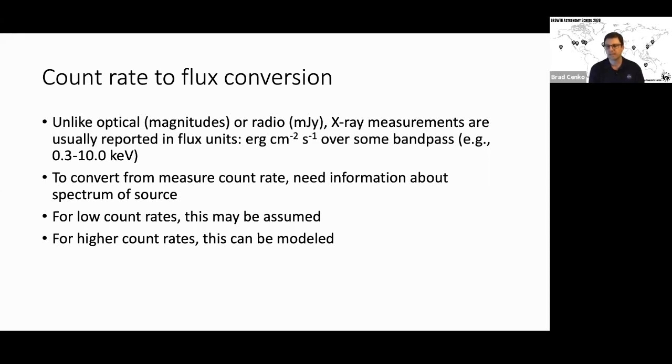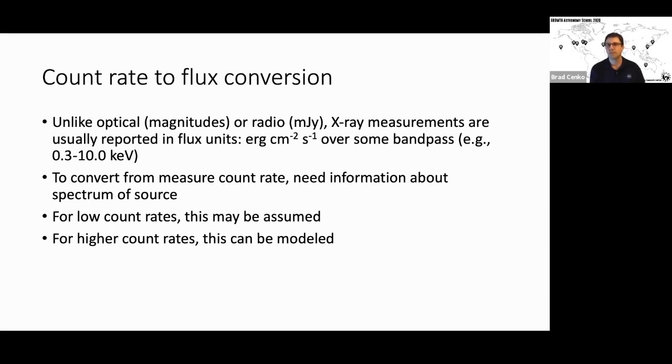X-ray detectors are operating over a much larger range of energies, almost 2 orders of magnitude in energy, from 0.1 keV up to 10 keV, for example. Unlike optical imaging, where you're looking over a relatively narrow range in wavelengths, the shape of the spectrum really strongly impacts what the flux of your source is.